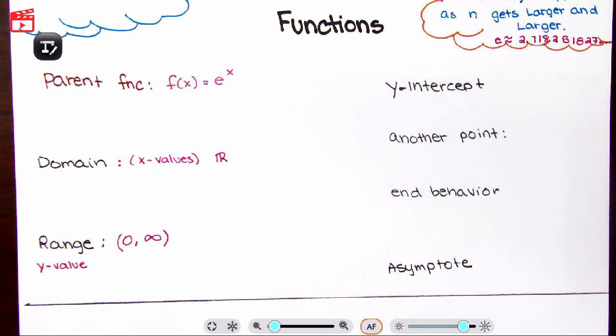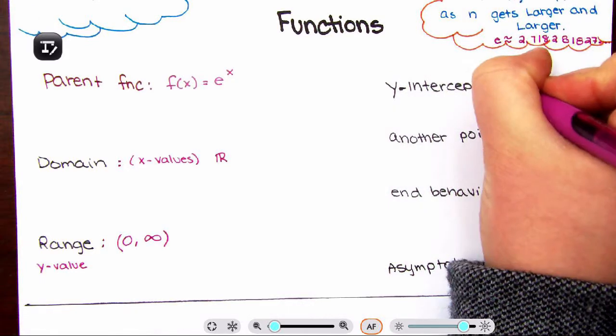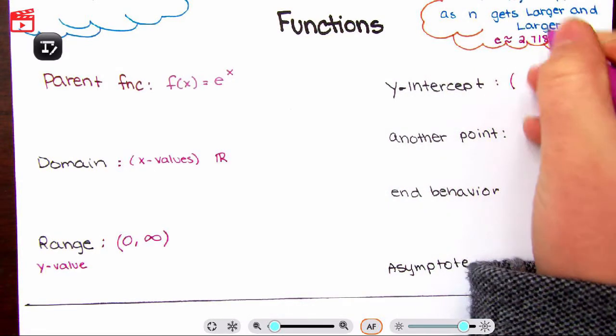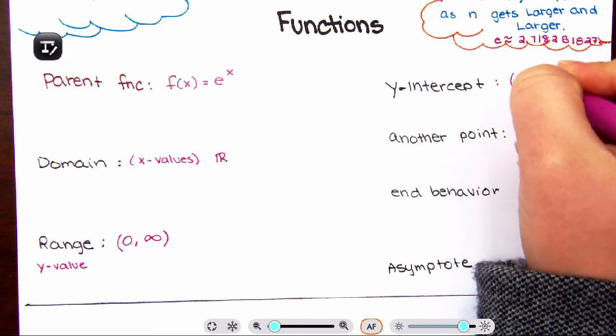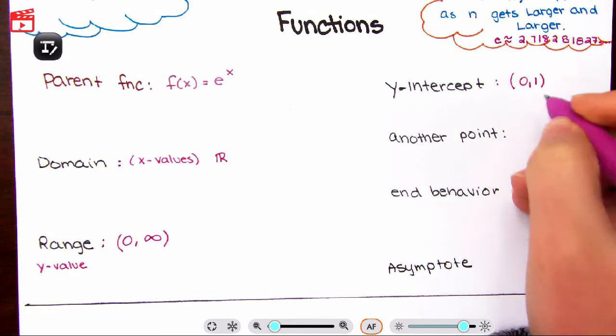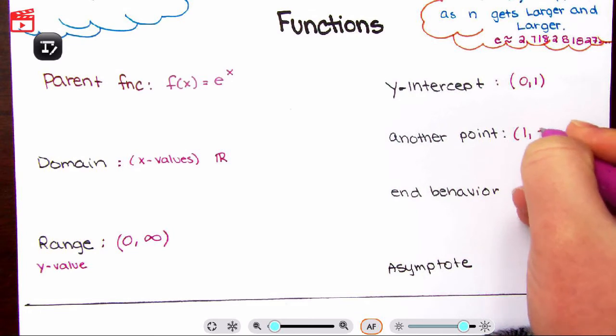So let's talk about the y-intercept. For this function, the y-intercept is at (0, 1). Another point for this function is (1, e).